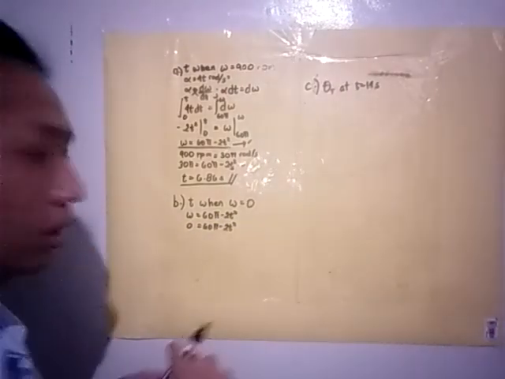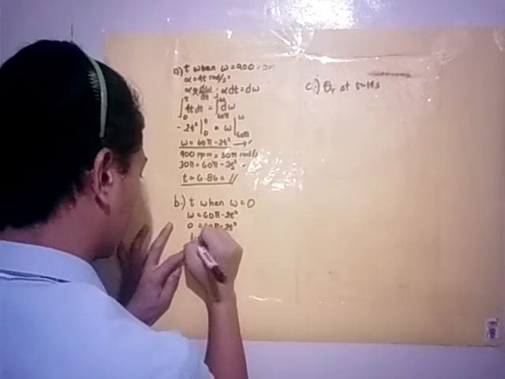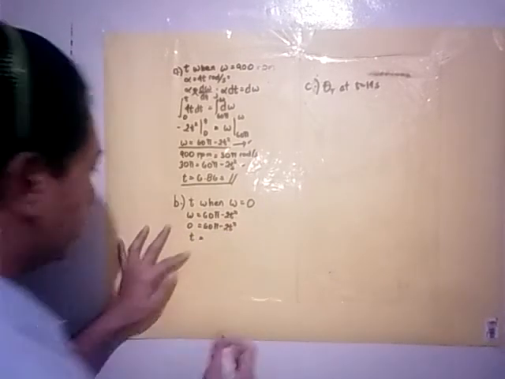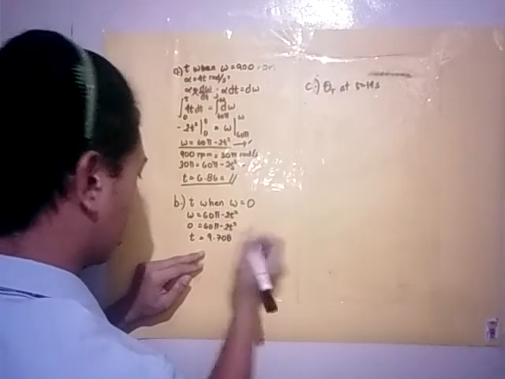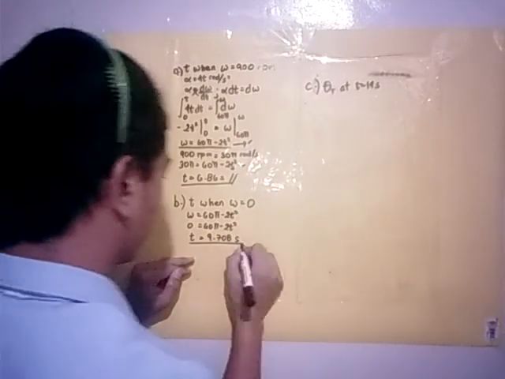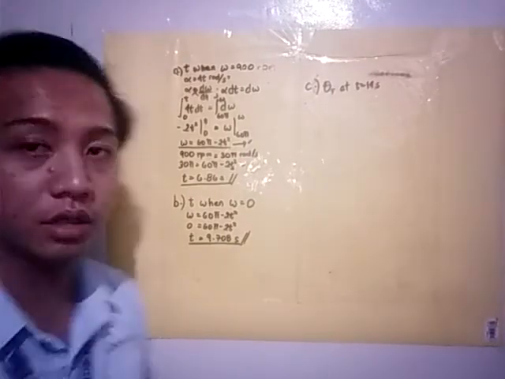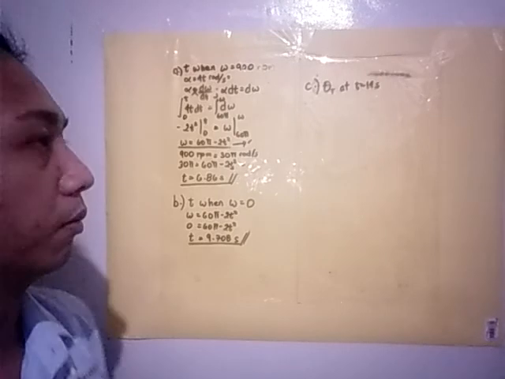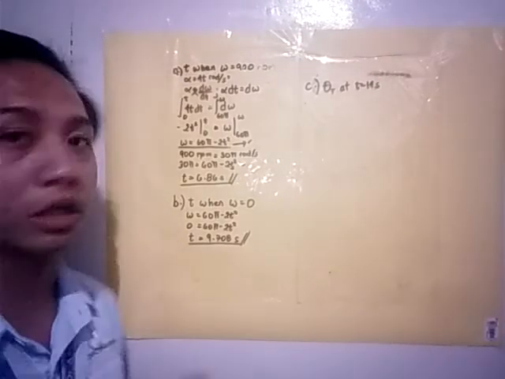By simple algebra, we will get our value of t, which is 9.708 seconds. So 9.708 seconds is the time required for our wheel to reverse its rotation.